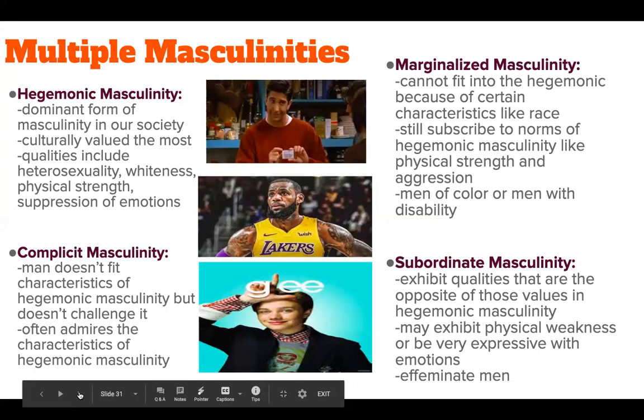And finally, we have subordinate masculinity. So these are men who exhibit qualities that are the opposite of those values in hegemonic masculinity, i.e., usually qualities that we associate with women and femininity.